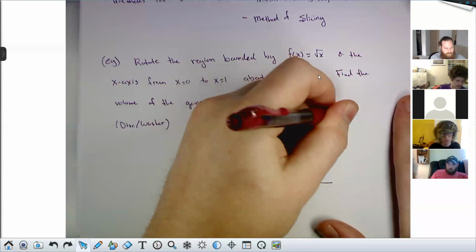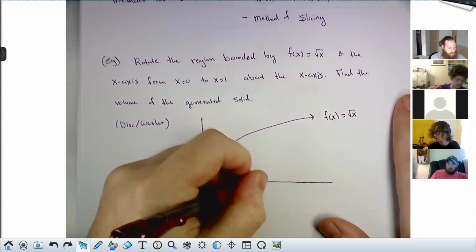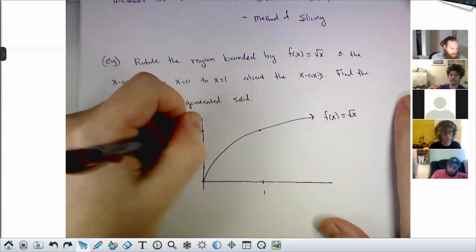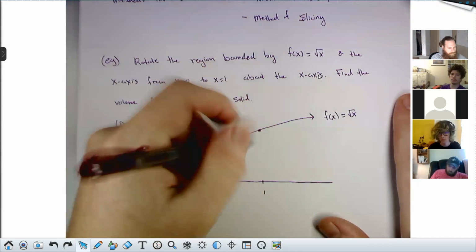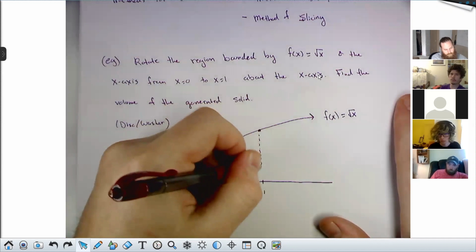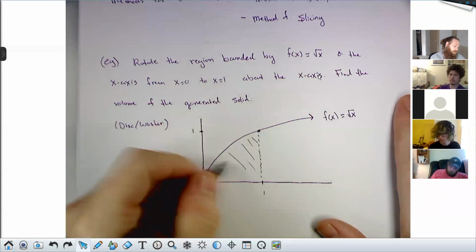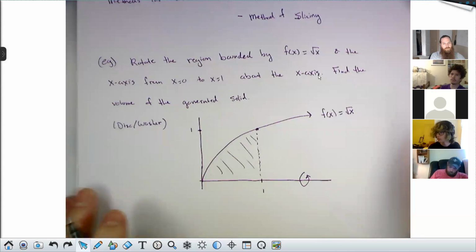This is one of our basic functions. We should know what this guy looks like. I'm going to mark this as 1. And since the square root of 1 is 1, the y value up there is also 1. So here's my little region. I want to rotate that region about the x-axis.